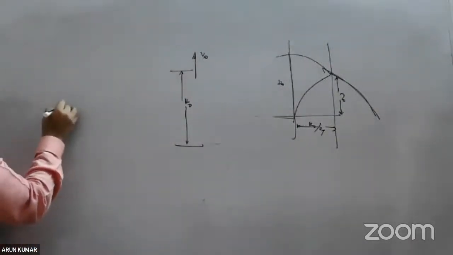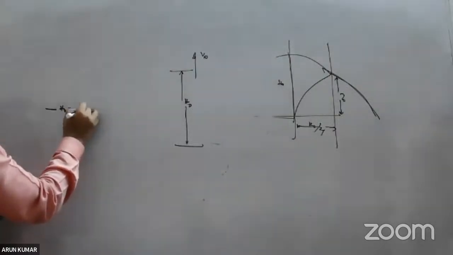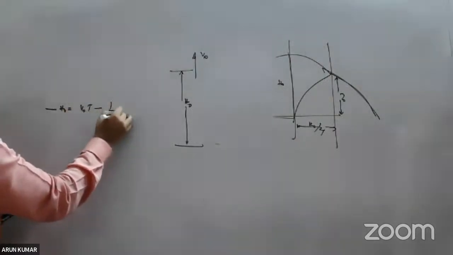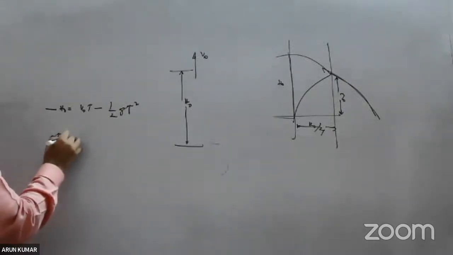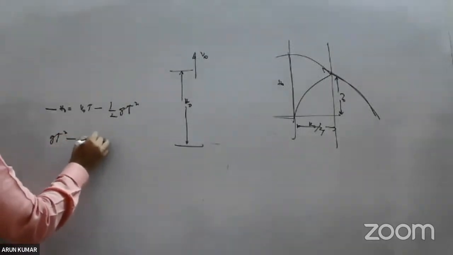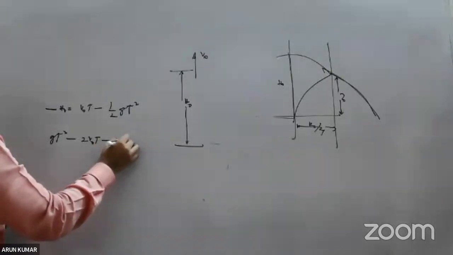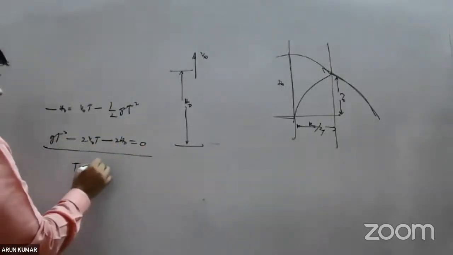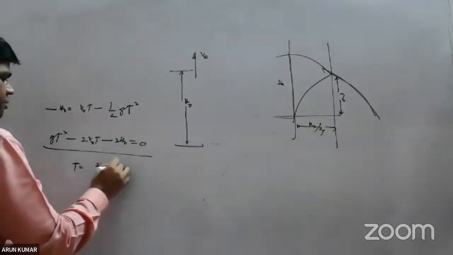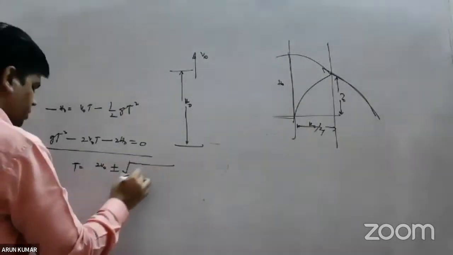So I'll write minus h naught is equal to ut minus half gt square. So gt square minus 2v naught t minus 2h naught equal to 0. So t is equal to minus b, which is 2v naught, plus or minus square root of b square minus 4ac.